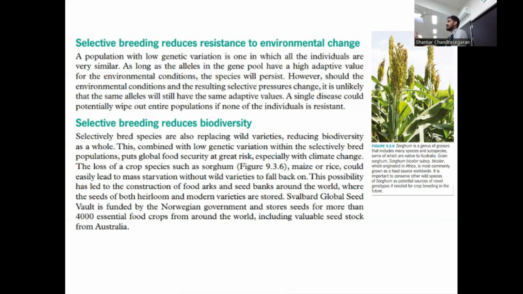So how to put this into context is because we have selected for the trait in corn for it to generate a lot of crops, right? That's the trait we've selected for, and that is advantageous for us, right? But if they have to face any other selection pressure, and due to the loss of genetic variation, they will be less likely to be able to adapt to that selective pressure.